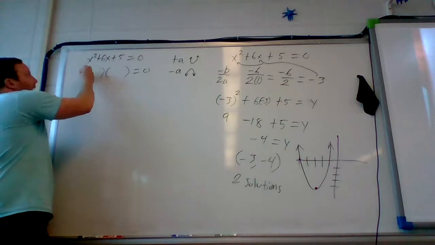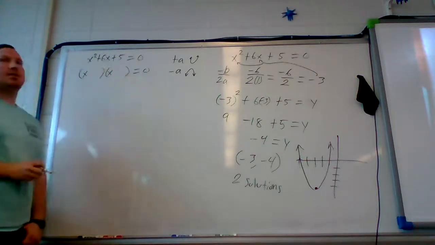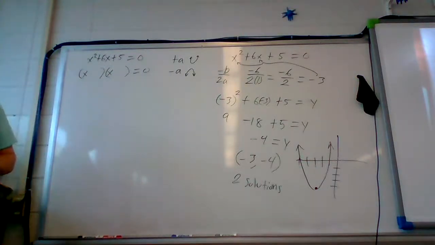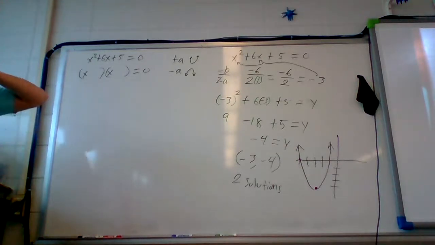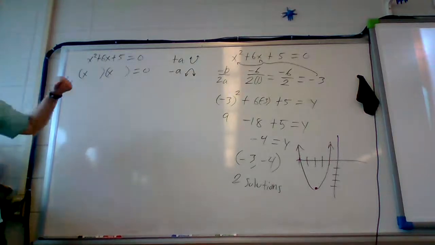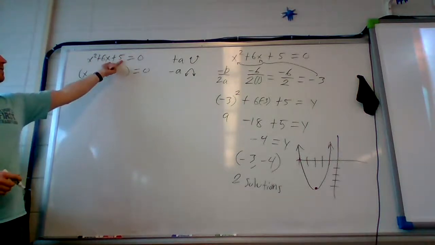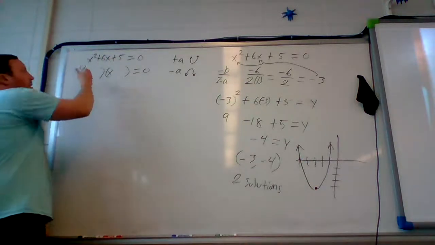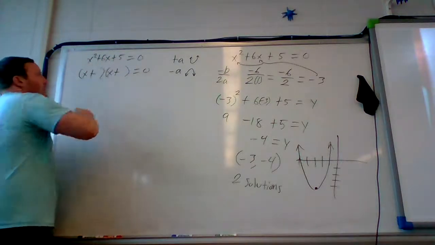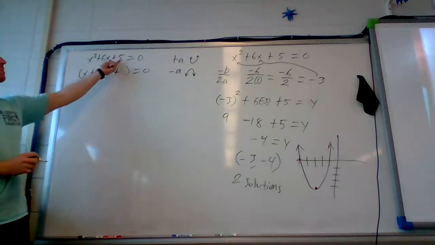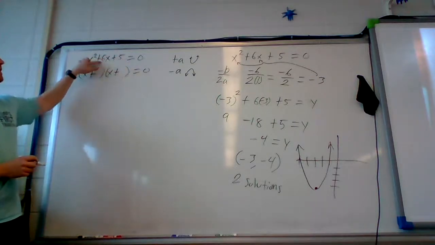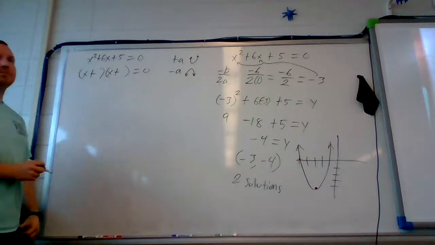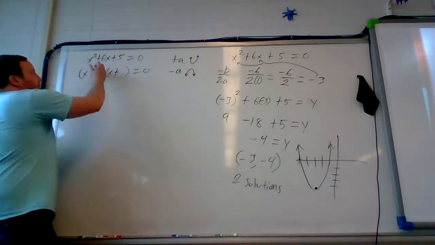What are my signs going to be when I factor this? How do we determine those? Plus, plus, right? We look at our c value. If it's positive, we use the same sign as our b value. It's positive, so we're going to use a plus and a plus. So we need two numbers that multiply to get 5 and add together to get 6. 5 and 1.